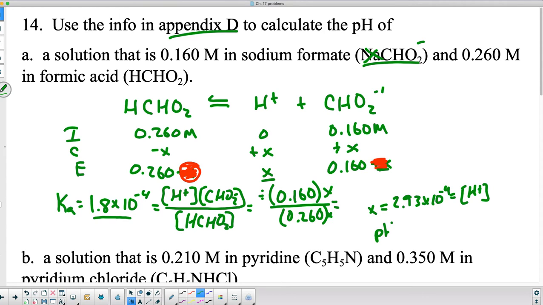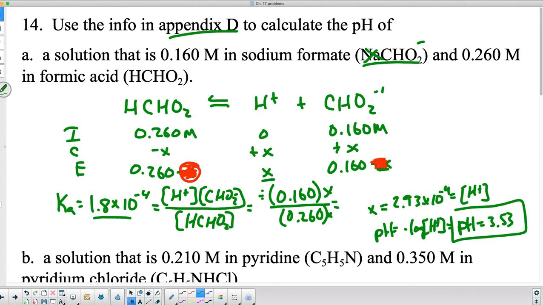So pH is equal to the negative log of the hydrogen ion concentration. That equals a pH of 3.53. That's the answer they're looking for.